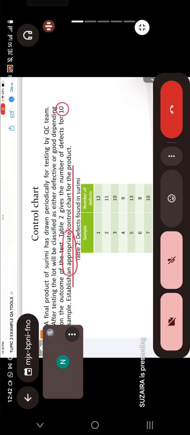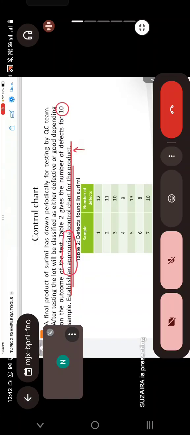Okay. To see the trend. So sometimes after you come out with the control chart, for example here, establish an appropriate control chart, usually there's another question that will ask you whether the process is in control or not.